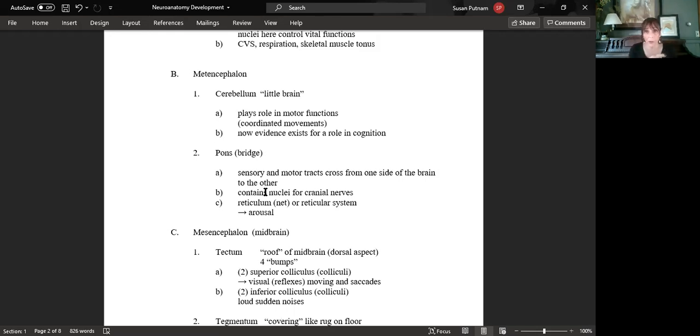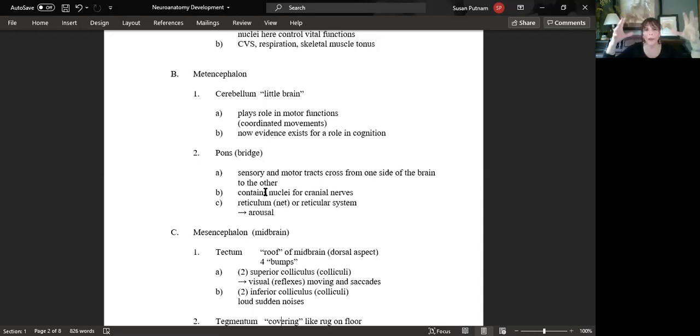By arousal, I don't mean, oh my gosh, I'm so excited by this event. I mean the fact that you are attending, you're aware of your environment and what's going on around you, okay? So let's move into the middle section that did not divide.